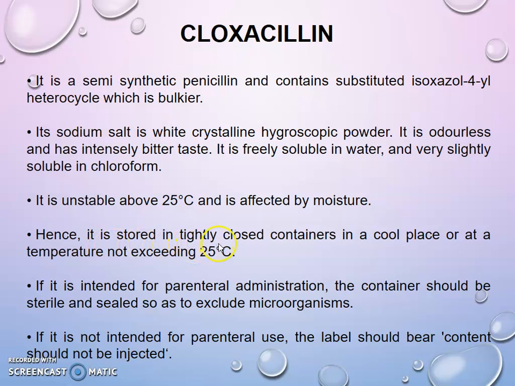Hence, it is stored in a tightly closed light-resistant container in a cool place or at a temperature not exceeding 25 degrees Celsius. If it is intended for parenteral administration, the container should be sterile and sealed so as to exclude microorganisms. If it is not intended for parenteral use, the label should bear the statement that the contents should not be injected.